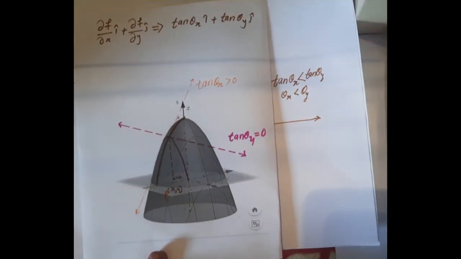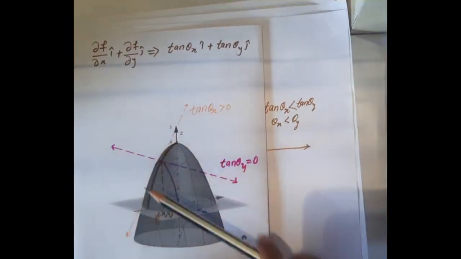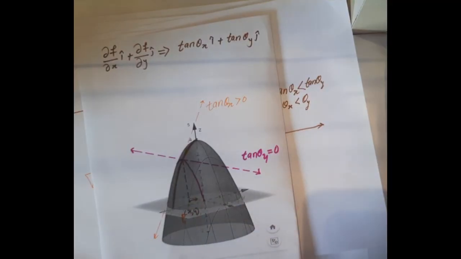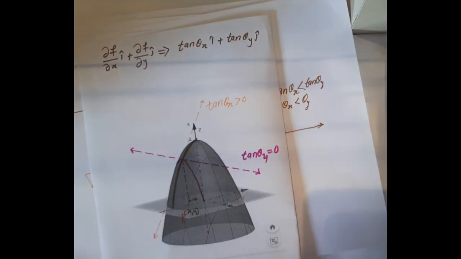Now I want to talk about one particular example where the tangent in one direction is practically 0. We're talking about a point P, x comma y, where this is totally zero. This is parallel to the y-axis, so it has an angle 0 with the y-axis.